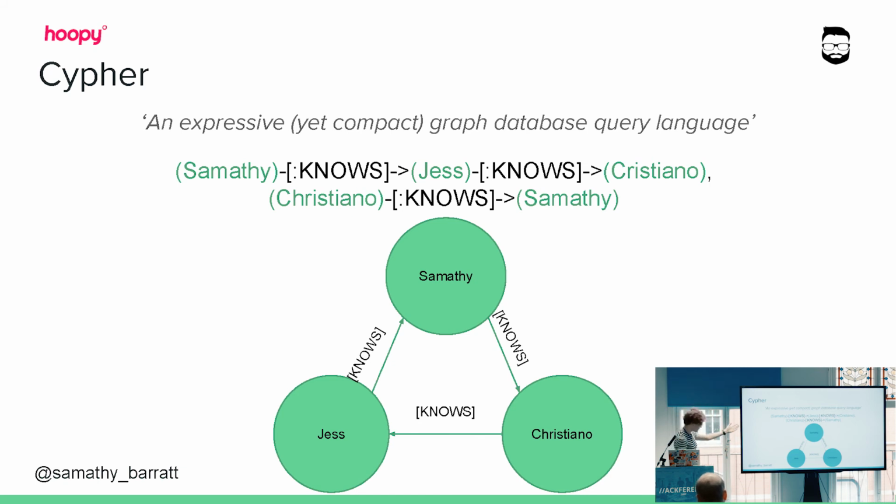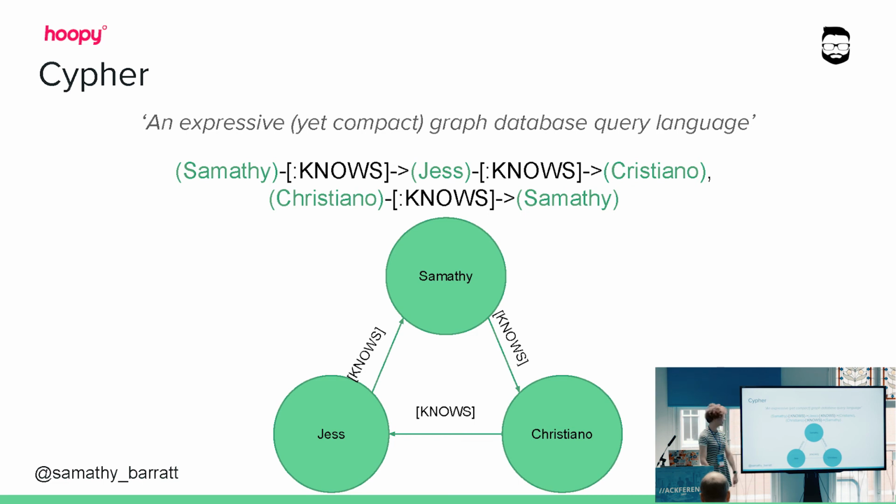But if you look at just the query, which describes the graph, Samathy is enclosed in curved brackets here, like in a circle, i.e. a node. The relationship between me and Jess is going that way, and that's the type of relationship that it is.